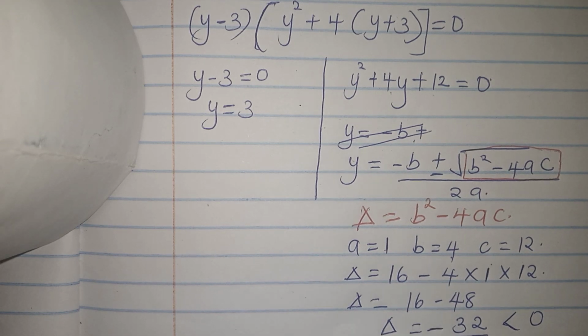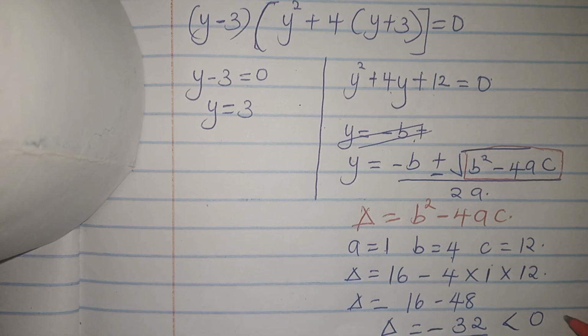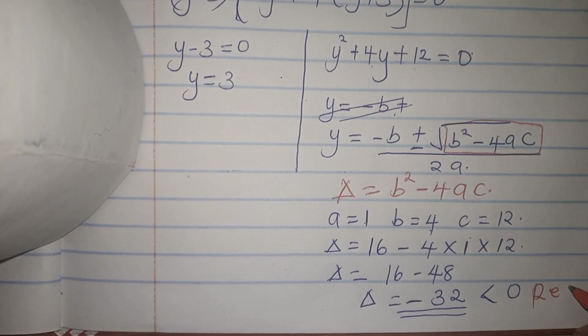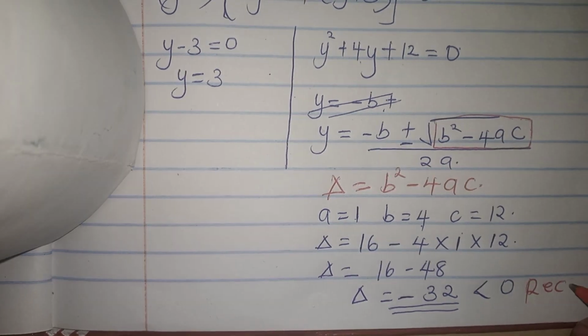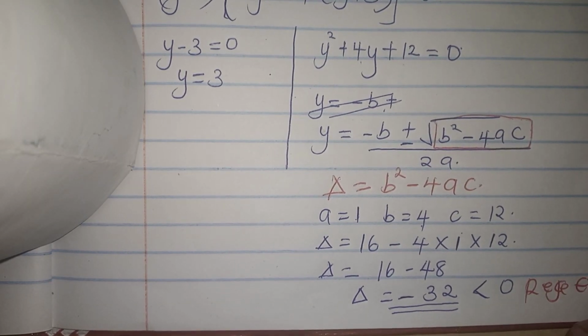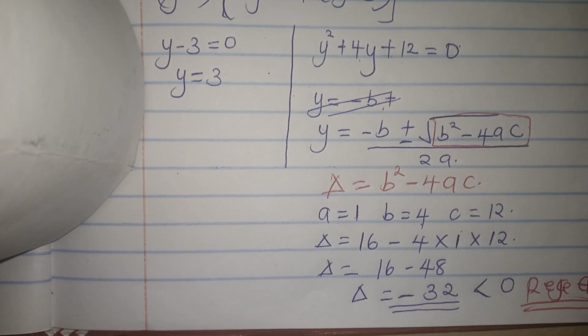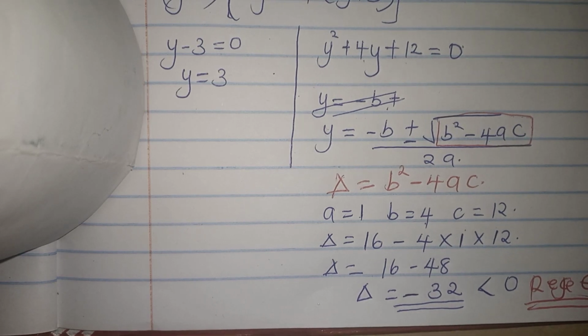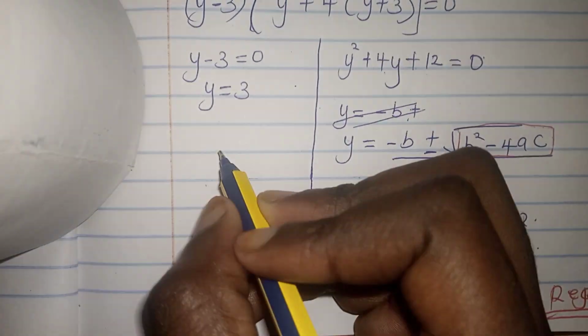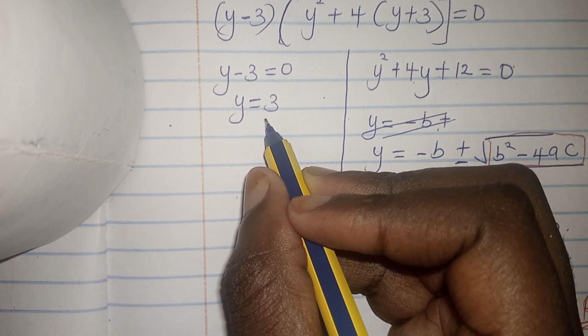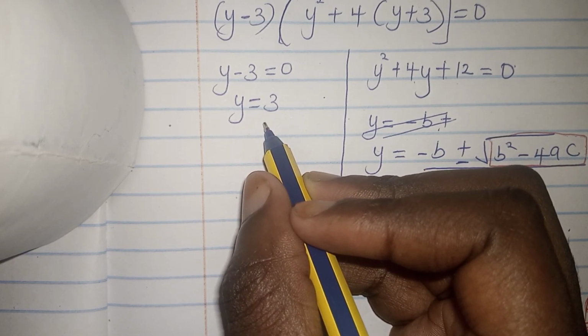So we reject it. We remain with our real value here: y is equal to 3.